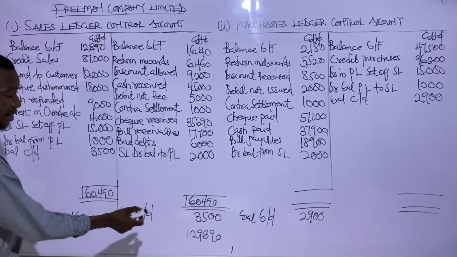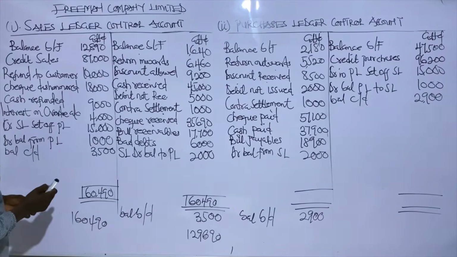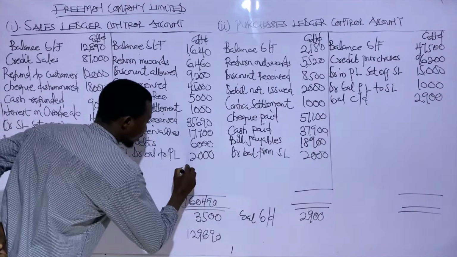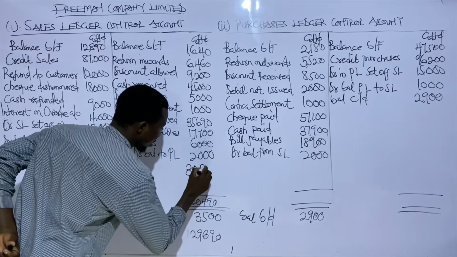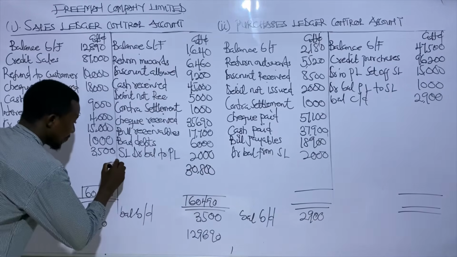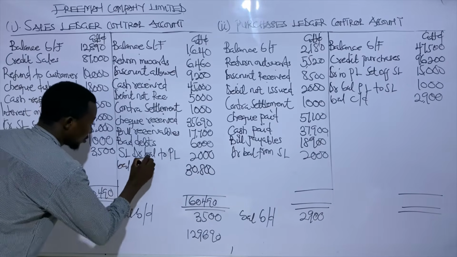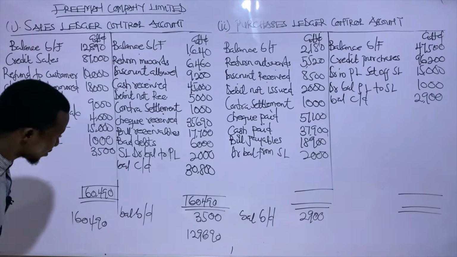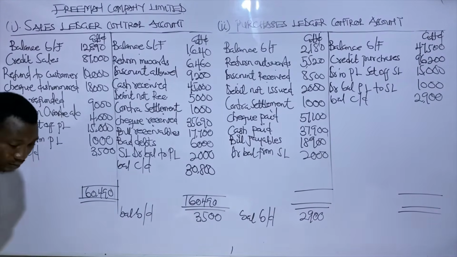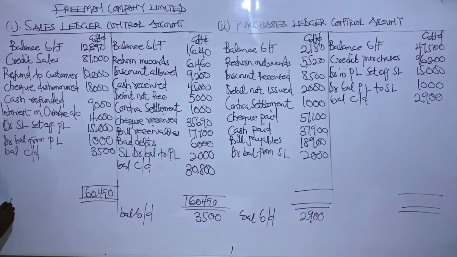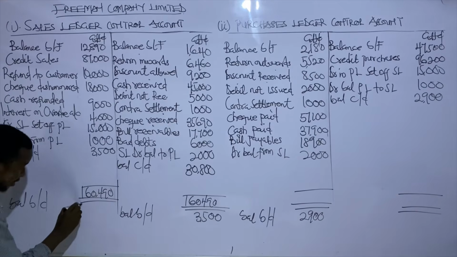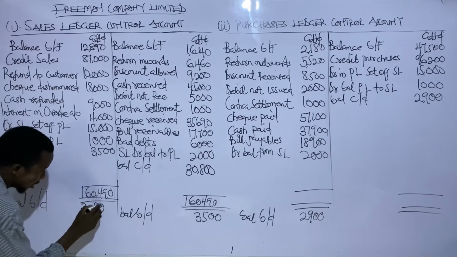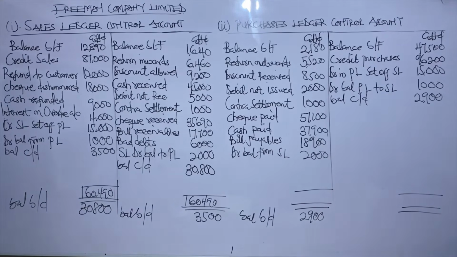So the credit side is short by 30,800. This will be a balance carried down, and it will appear at the debit side as balance brought down again, 30,800. Good. We are done with the sales ledger control account.